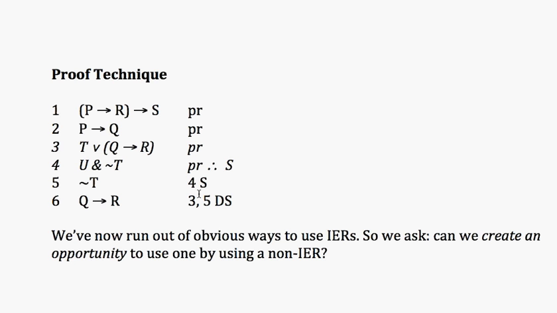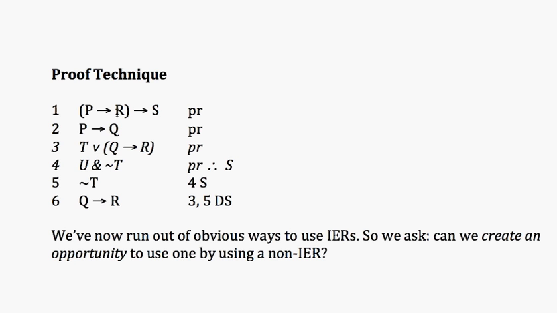That's another case of applying an information extracting rule. But now, well, we've got P arrow Q left over. We don't have P. We've got Q arrow R left over. We don't have Q. We've got P arrow R arrow S left over. We don't have P arrow R. But is there anything we can do?